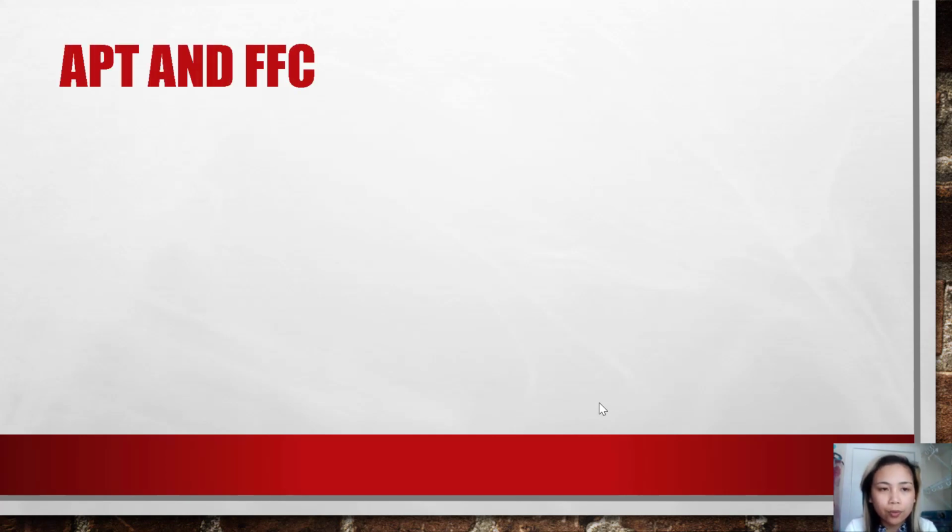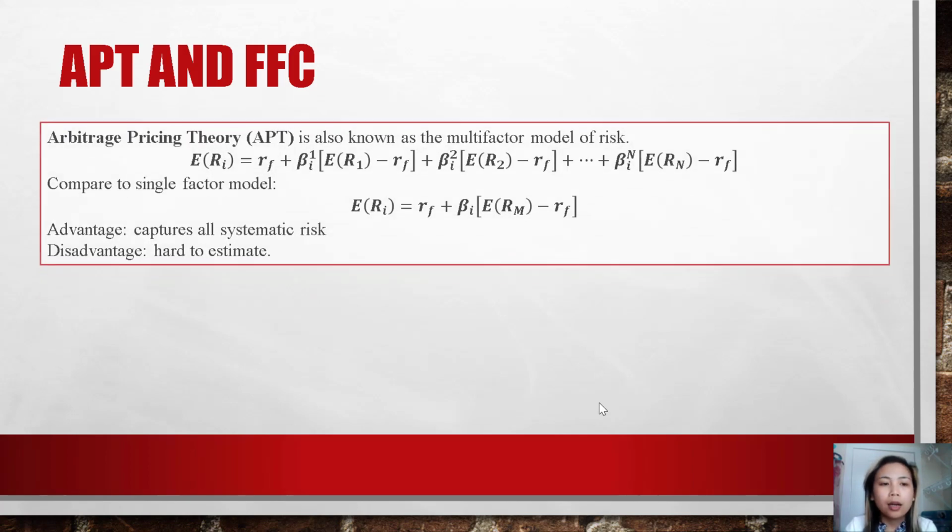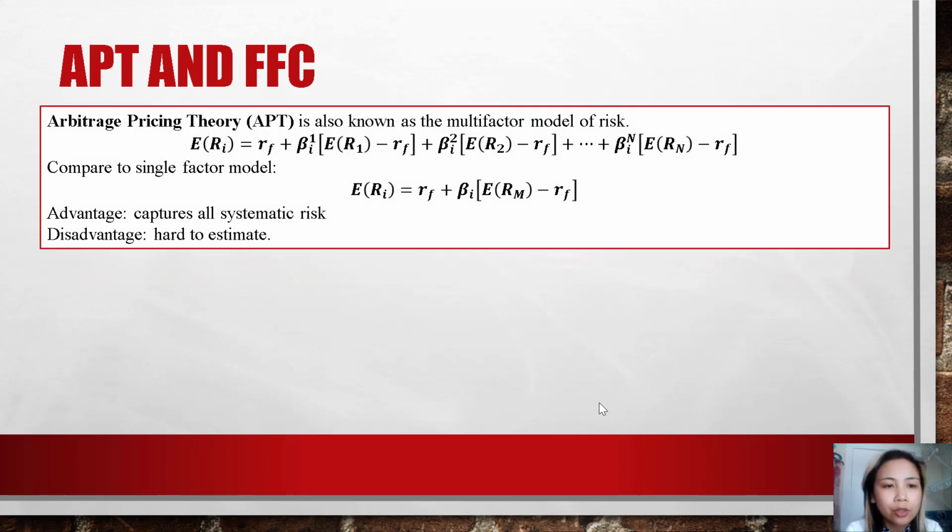All right. Now we have seen two different models in this practice. So I just want to give you a note on the APT and FFC. APT is the arbitrage pricing theory. It is basically the multi-factor model of risk, and this is developed from the single factor model.